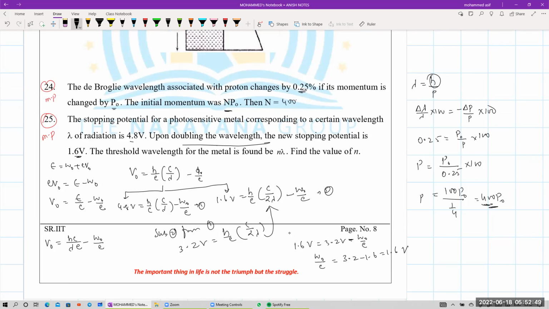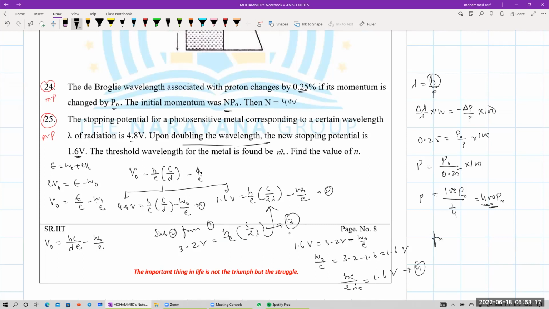Now the work function I can write in terms of threshold wavelength: hc divided by e into lambda naught, where lambda naught is the threshold wavelength, is equal to 1.6 volt. I'll take this as equation 3 and that as equation 4.